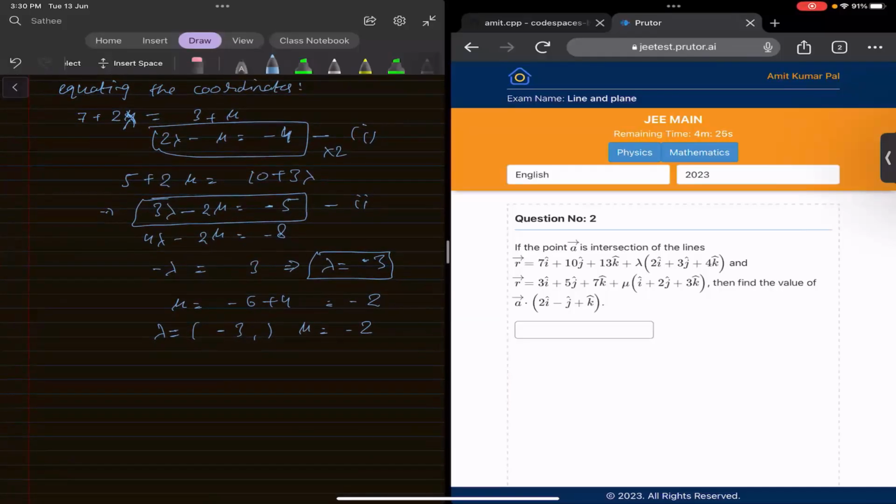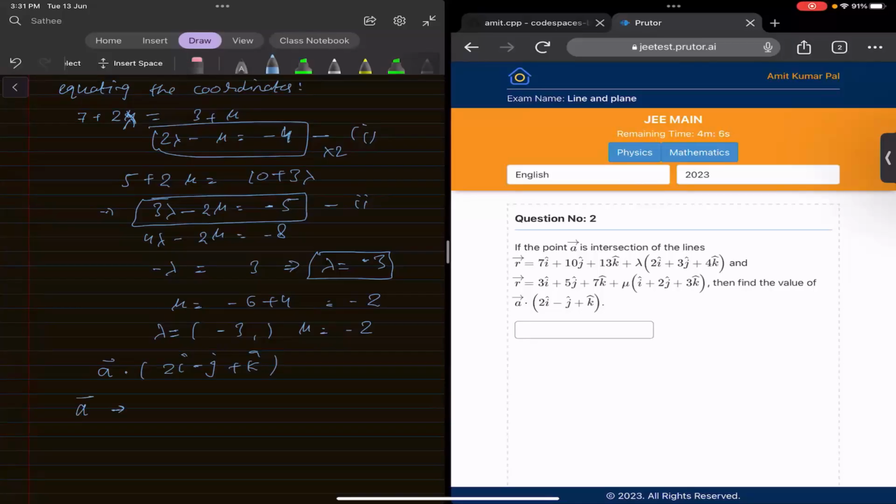Now we have to find the dot product of a with 2i minus j plus k cap. You can find the a vector by putting lambda or mu in the respective equation.